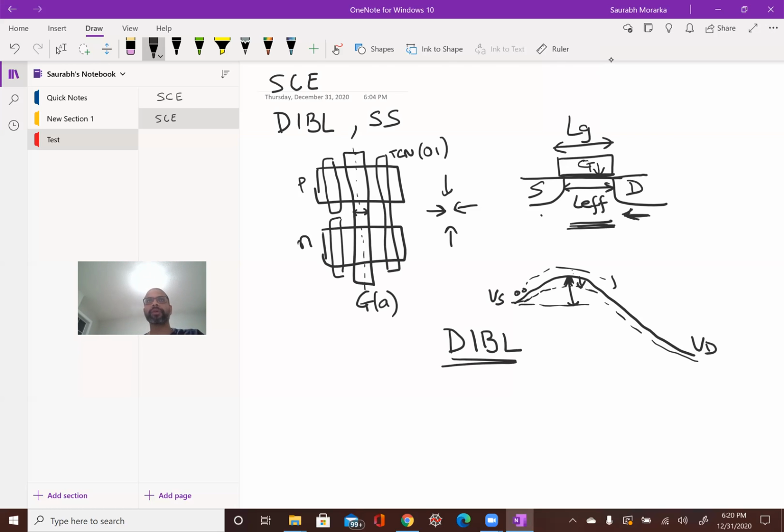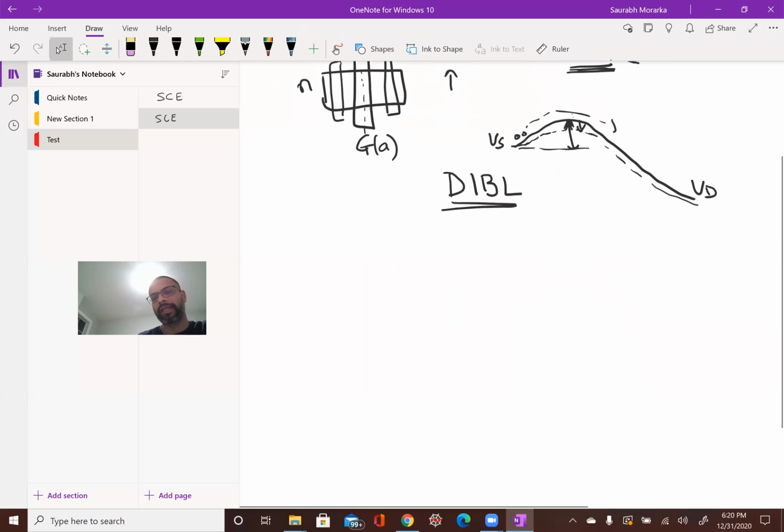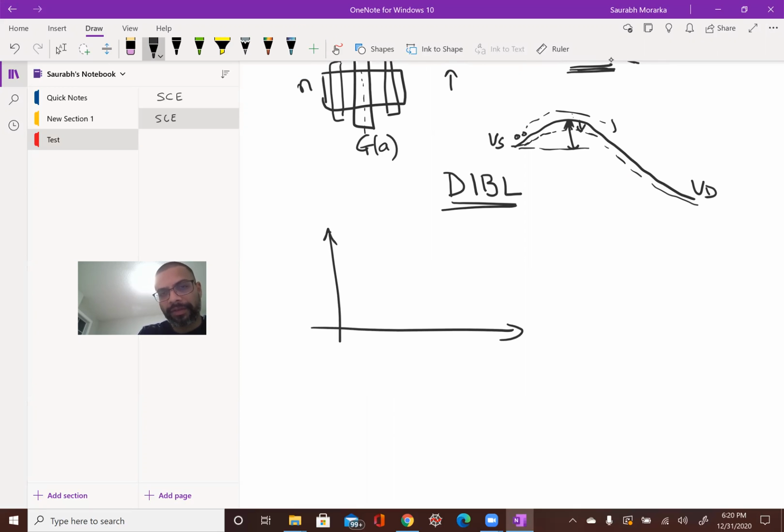So if we want to understand how we can look at this short channel effect on a measurement level, the way people do it is by looking at the drain current on a logarithmic scale. And I shall be drawing this graph again and again because this is the most important graph to look at when we are talking about short channel effects: look at the log of the current, plot it against the gate voltage, and look at two conditions.